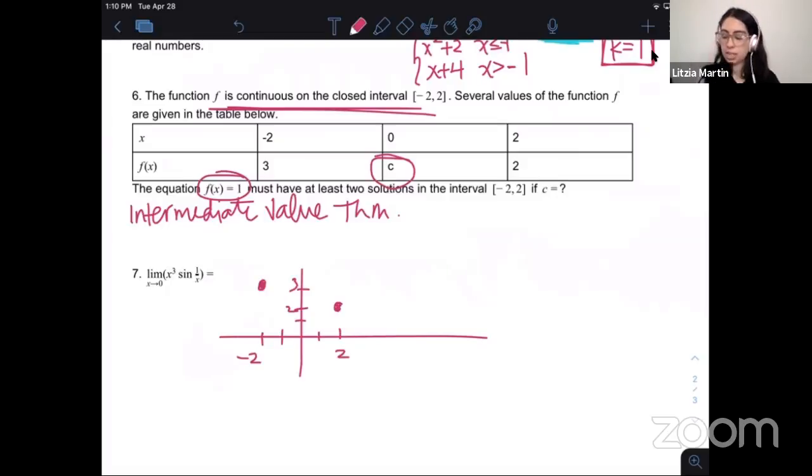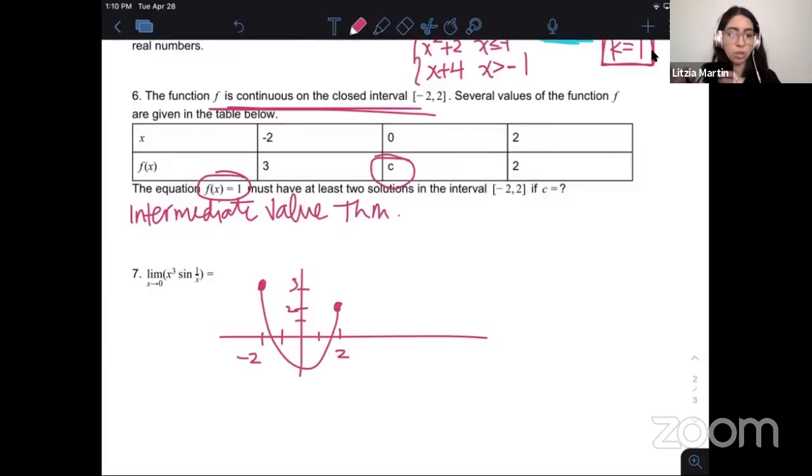And this is a continuous function, so I know that somehow these 2 points are going to connect. It could be something like what I just drew, it could be something like that, or like that.